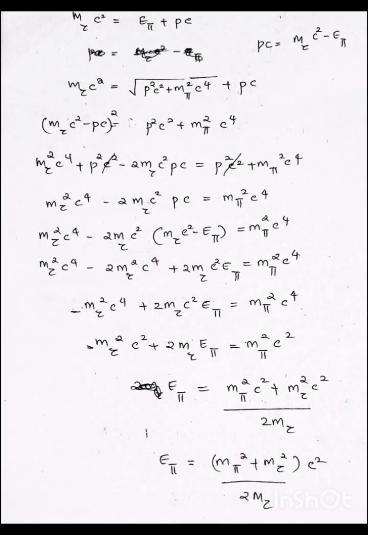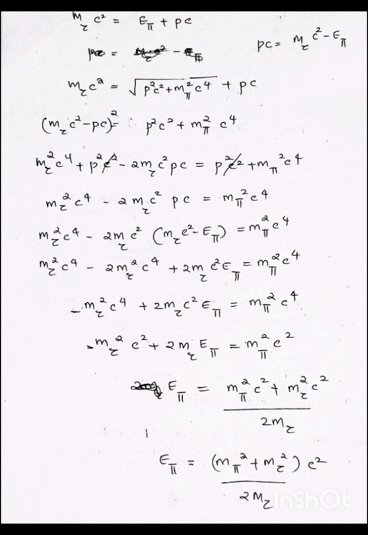And we know E nu square is equal to P square c square plus m nu square c raised to 4, and here it is given that m nu is equal to 0, so that E nu is equal to Pc. This is equation number 3. So we can write equation number 1 as m tau c square is equal to E pi plus Pc. That is, Pc is equal to m tau c square minus E pi.